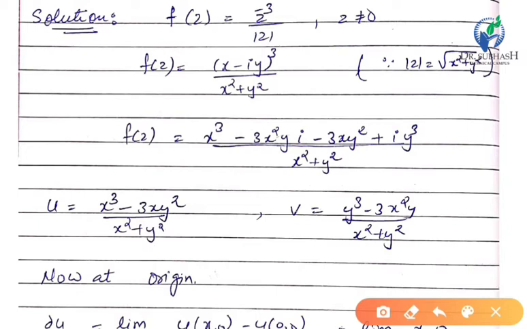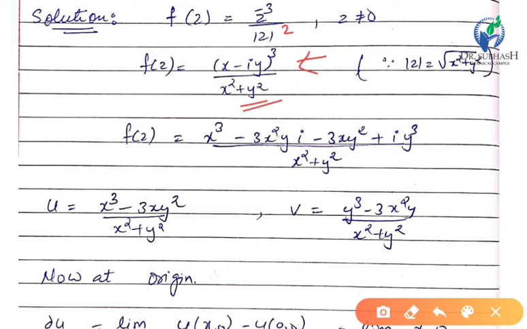Z equal to x plus iy, so z bar will be x minus iy. I have substituted here, and mod z square is given here, so I will get under root of x square plus y square, which will be equal to x square plus y square, since here it is squared.